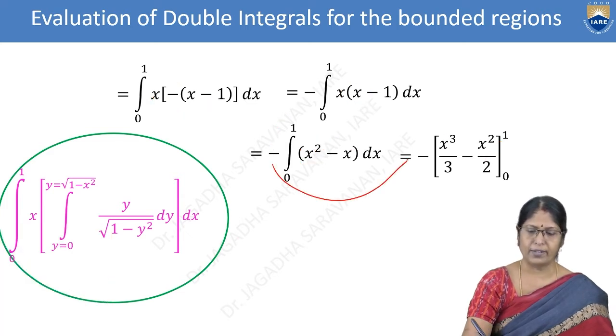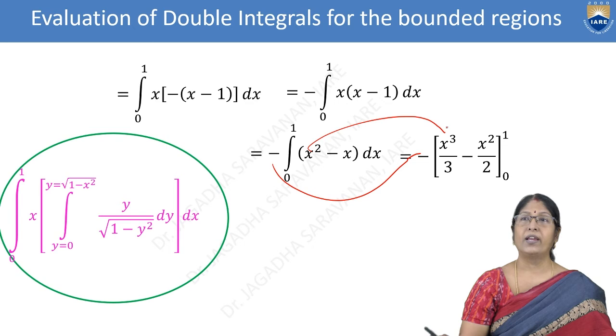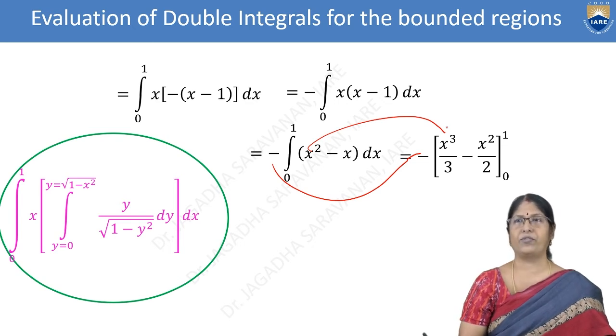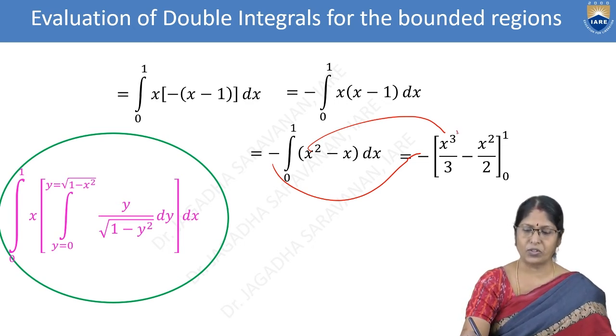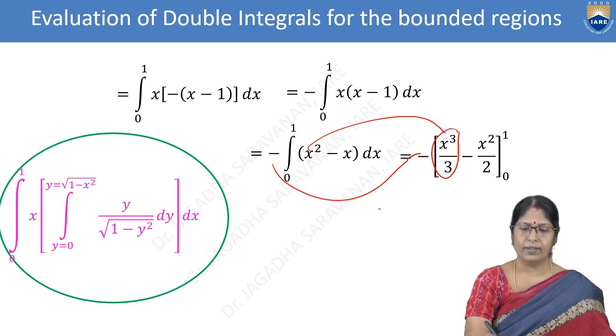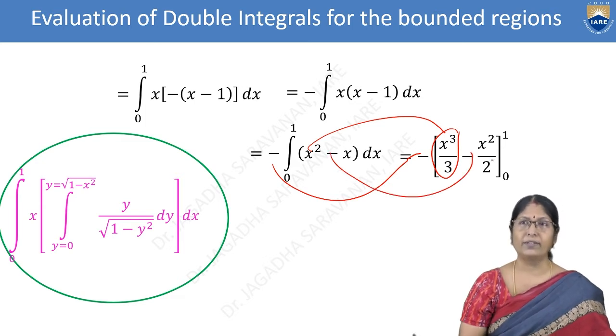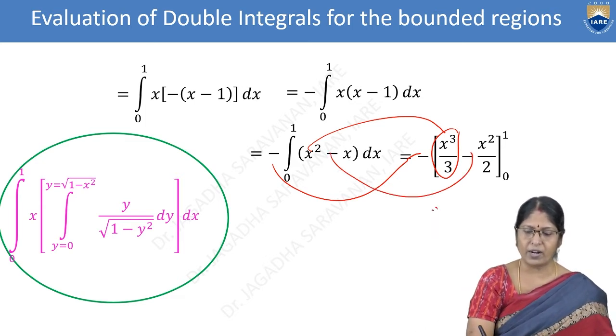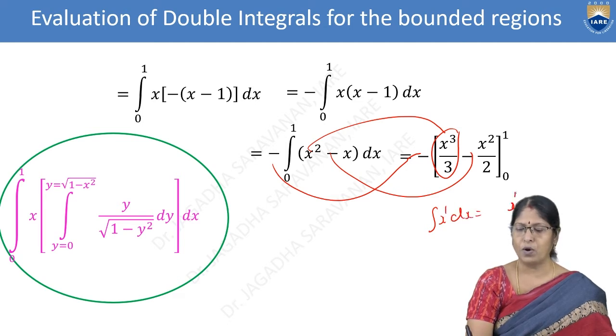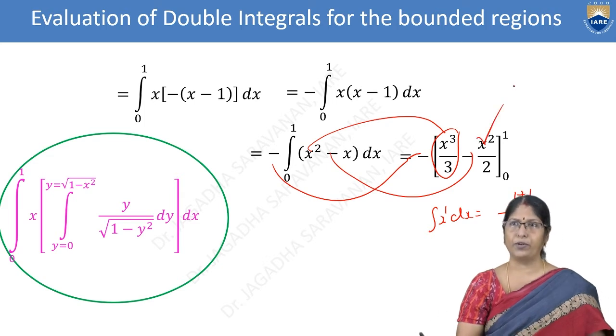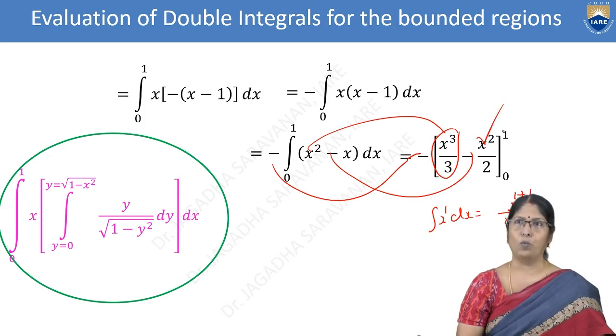This minus is as it is. Here, the integral of x square dx is x cube by 3. This minus is as it is. Now the integral of x power 1 dx is nothing but x power 1 plus 1 by 1 plus 1, that is x square by 2, from 0 to 1.